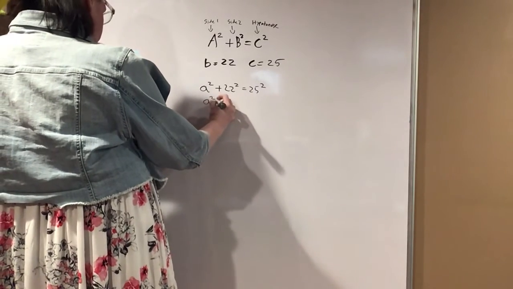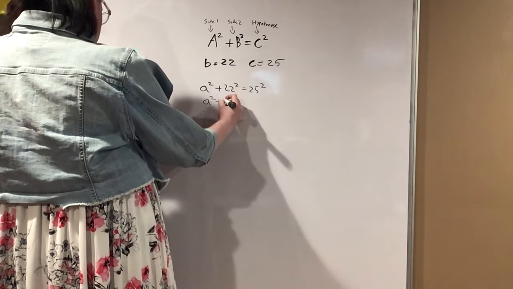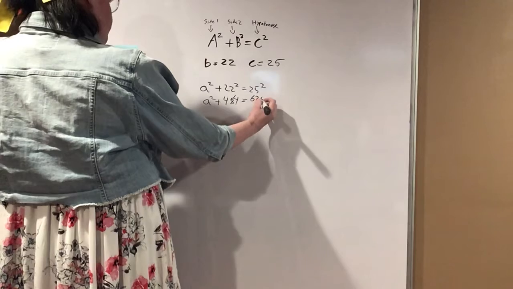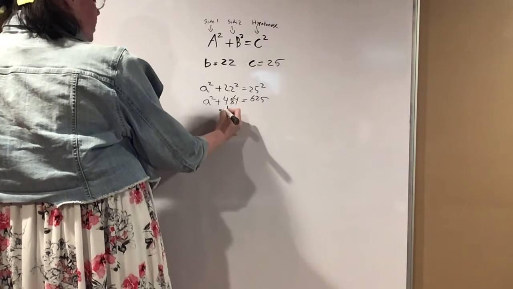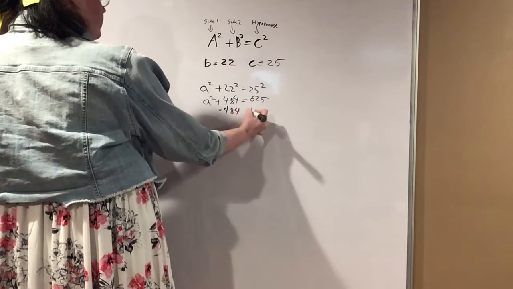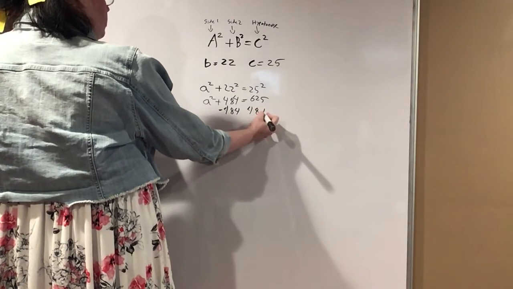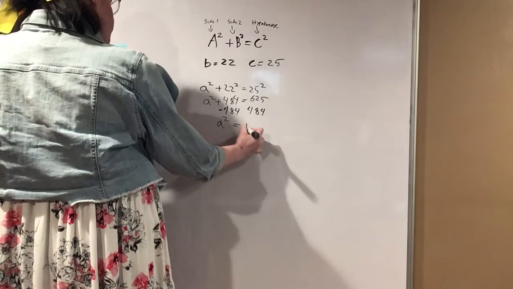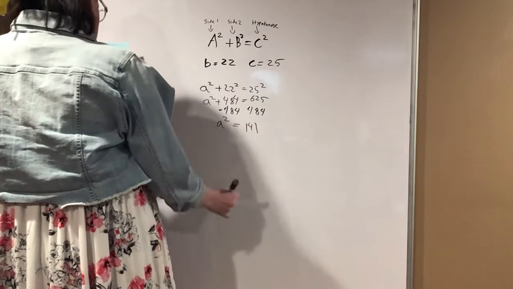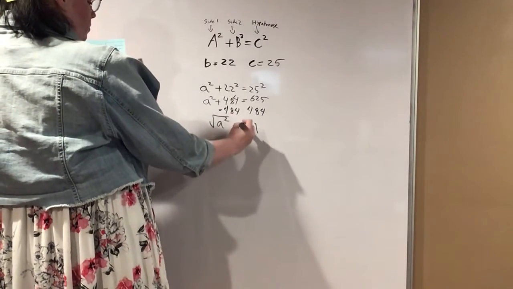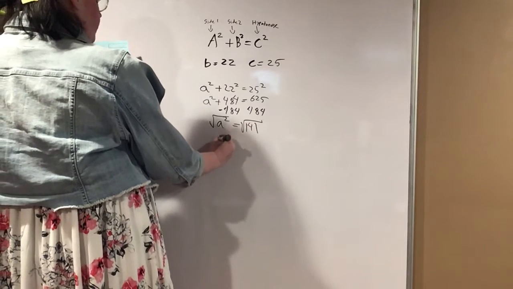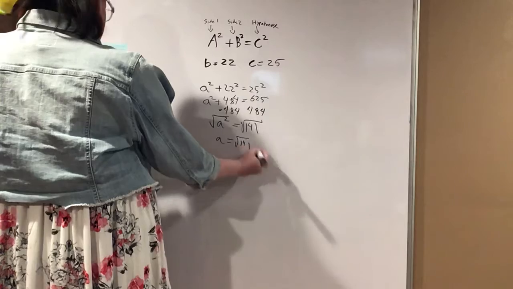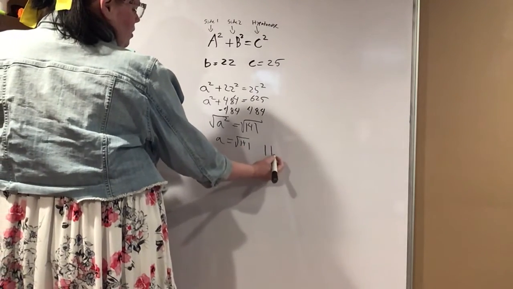A squared plus 484 equals 625, minus your 484. My 4's awful. A squared equals 141. Opposite, radical, square root. A equals square root of 141, and if they want it in decimal form, it's 11.9.